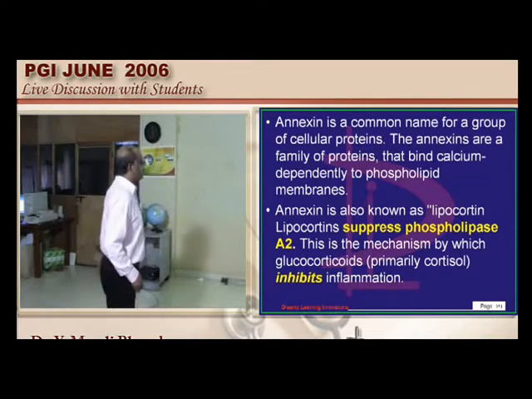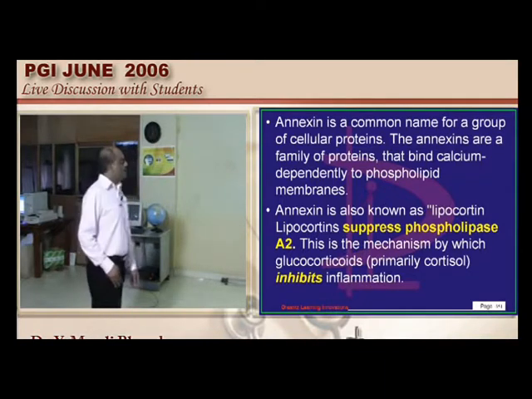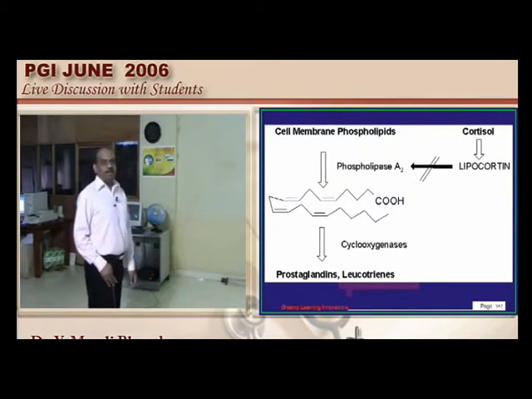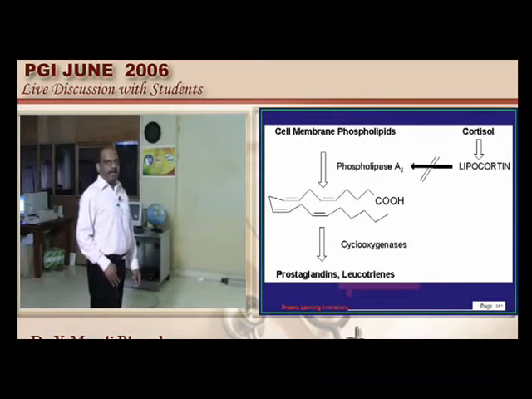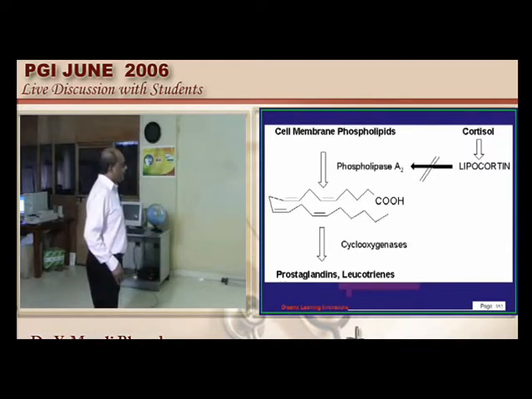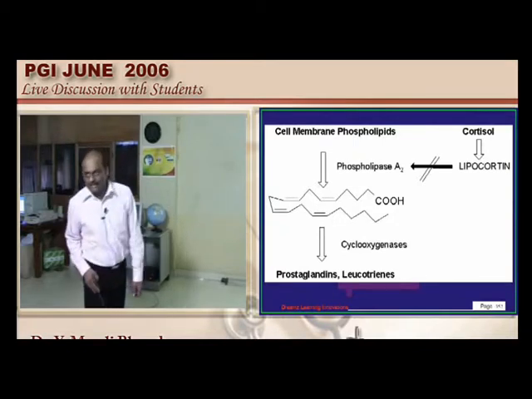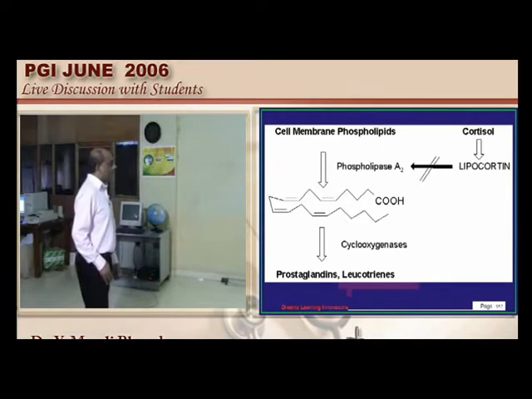Now where does it come into the picture? All of you know the cell membrane phospholipids, they are acted upon by the phospholipase A2 and they release the arachidonic acid, which becomes metabolized by the cyclooxygenase, and prostaglandins become generated. So your aspirin etc., the NSAIDs, basically act at the level of the cyclooxygenase.